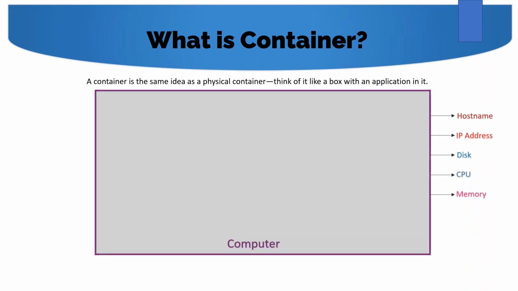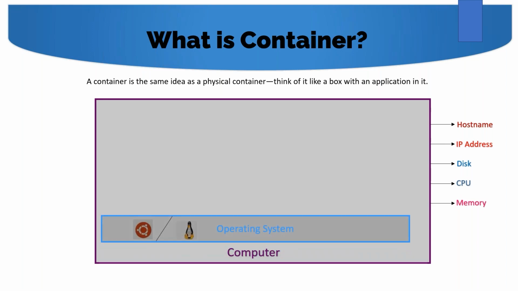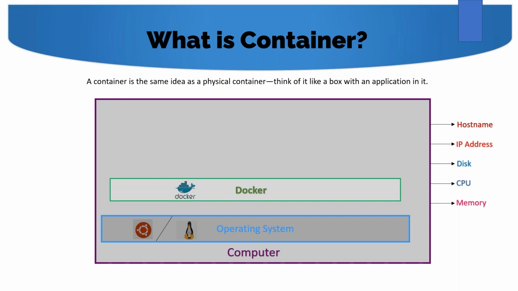And you can think of a computer. My computer, in the sense, the hardware. On top of hardware you have an operating system, any operating system like Ubuntu, Fedora, Debian, and different Linux flavors. And on top of that you will install the CRI, Docker. Okay, on top of that, if you want to run your application, this is how things look like.